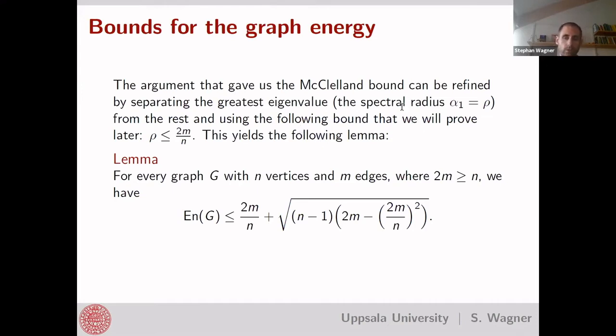So specifically, the spectral radius is usually quite different from all the others. So one way to improve is to split it off and use the fact that the spectral radius is bounded, which we'll actually prove a little bit later. And then using the same approach from the McClelland bound, we get this.